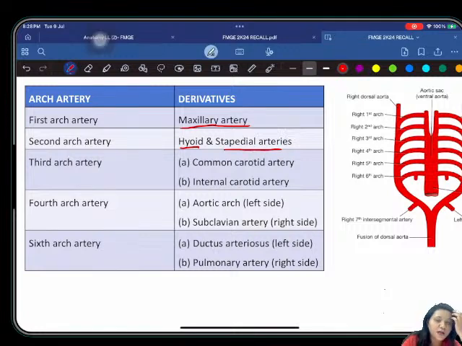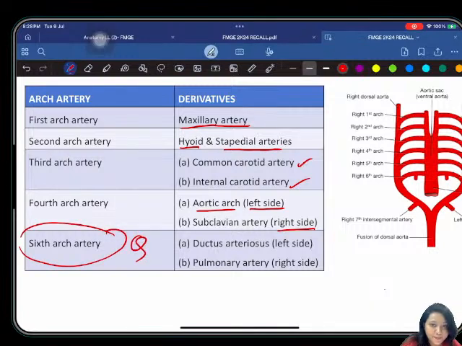From the third arch, the arteries developed are your common carotid and internal carotid. From the fourth arch, aortic arch is on the left side and subclavian artery is on the right side. And from the sixth arch, which is the question this time, the answer is ductus arteriosus on the left side and pulmonary artery on the right side.